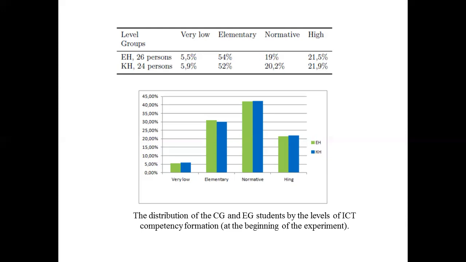Next slide. To determine the higher education seekers' awareness about the use of various Web 2.0 tools, we applied special testing. The analysis of the entrance level of the students' ICT competency showed no significant difference between the levels of its formation in EG and CG students.